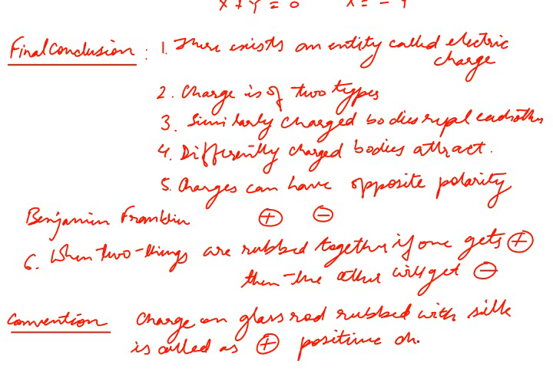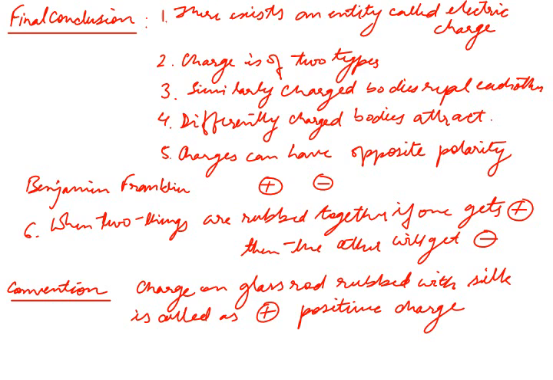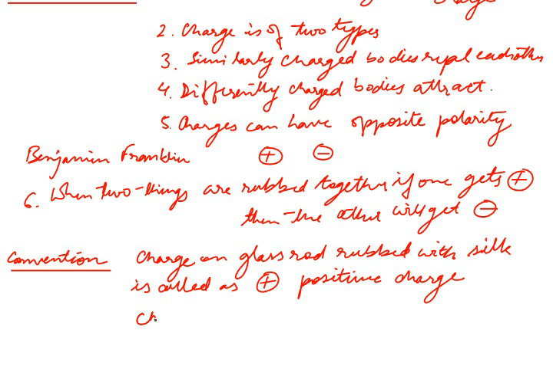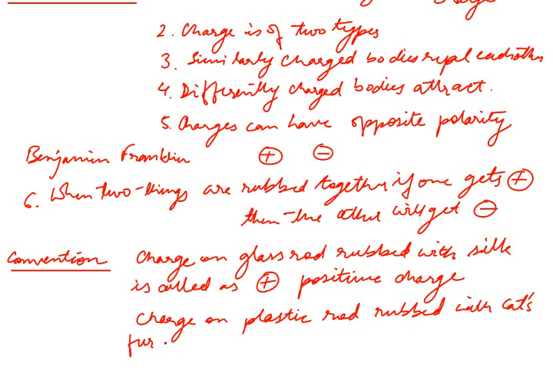And from this you can easily say that the charge on a plastic rod rubbed with cat's fur is called negative charge.